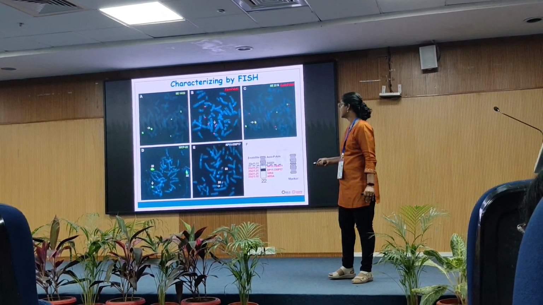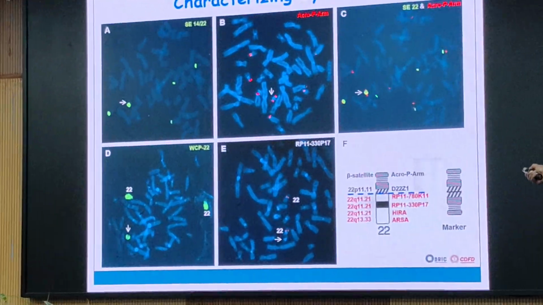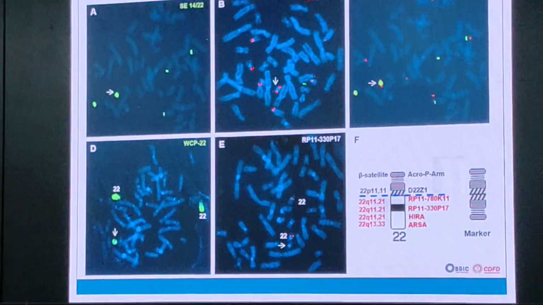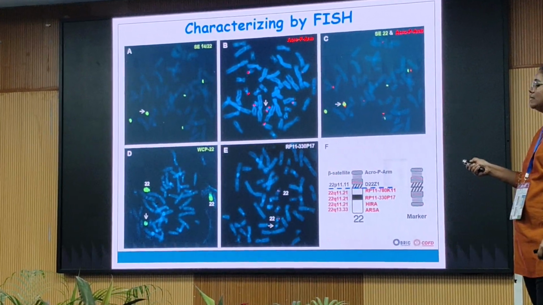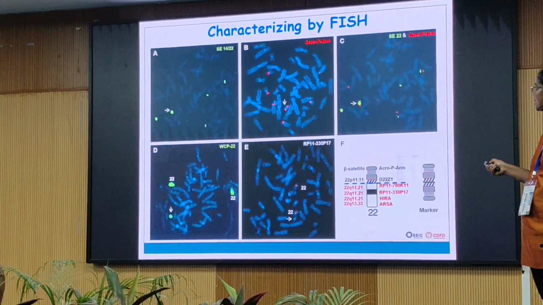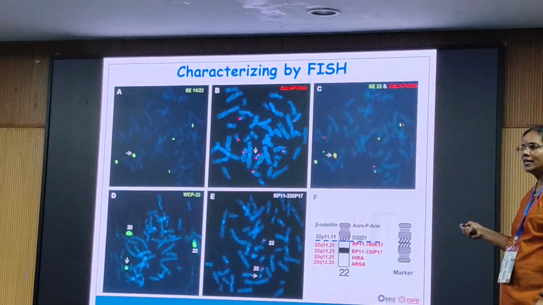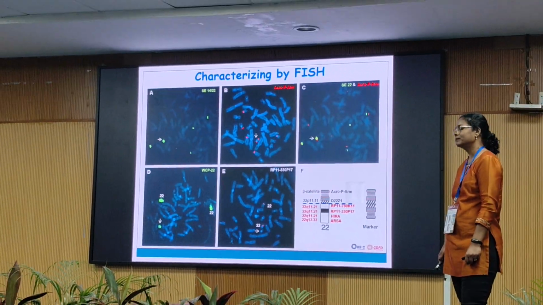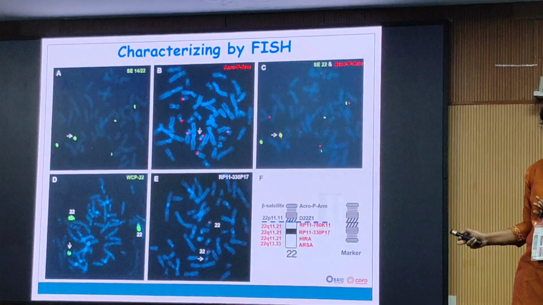Then we have done a merge of both the centromere as well as acrocentric probes. You can very clearly see that this is a centromere region and this is an acrocentric region. Now we are very clear that there is nothing to do, it is only a polymorphism.